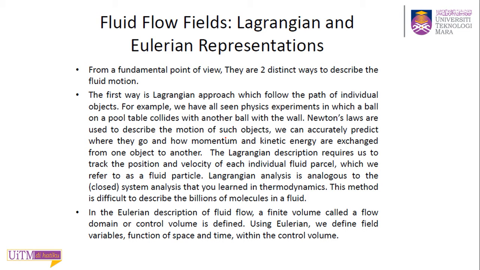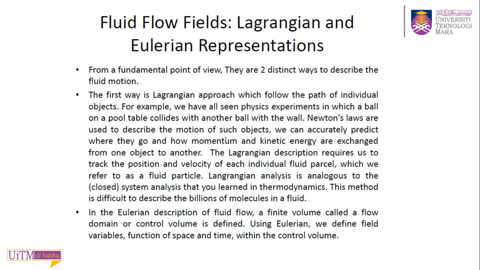He created this method. Another one is the Eulerian method, which is also named after a person, I don't remember, it's not important. These two different methods will help you to analyze any fluid flow in any system.